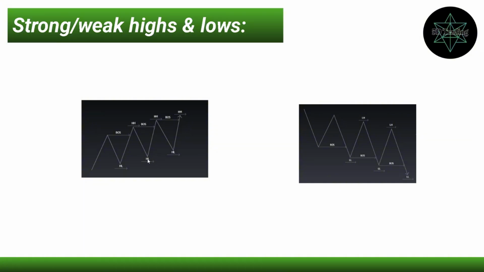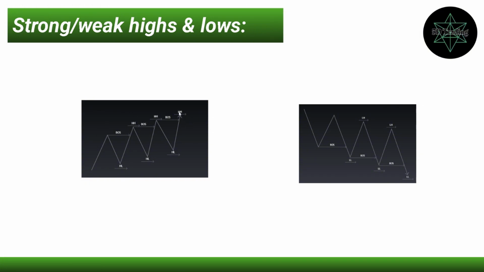So what I mean by that is because we're putting in higher highs and we're on an uptrend, the highs are getting broken through, right? Whereas the lows should not get broken through because we're on an uptrend. We should typically just see a continuation of higher highs and higher lows, meaning these lows are strong and they are protected, okay? Whereas the highs are weak.